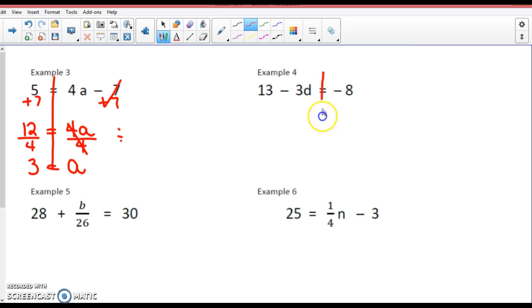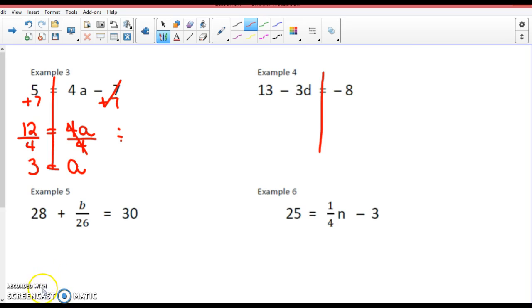Write down example 4. 13 minus 3b equals negative 8. Now, again, I cannot simplify either side, and I only have variables on one side. So I need to work on the left this time because that's where the variable is.